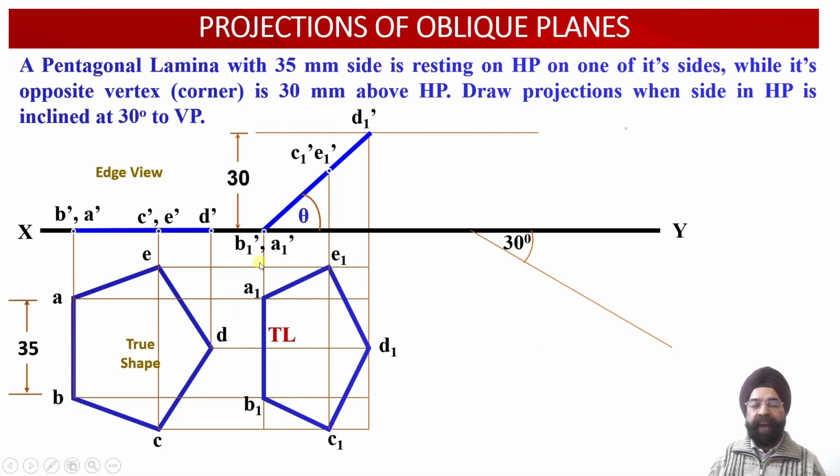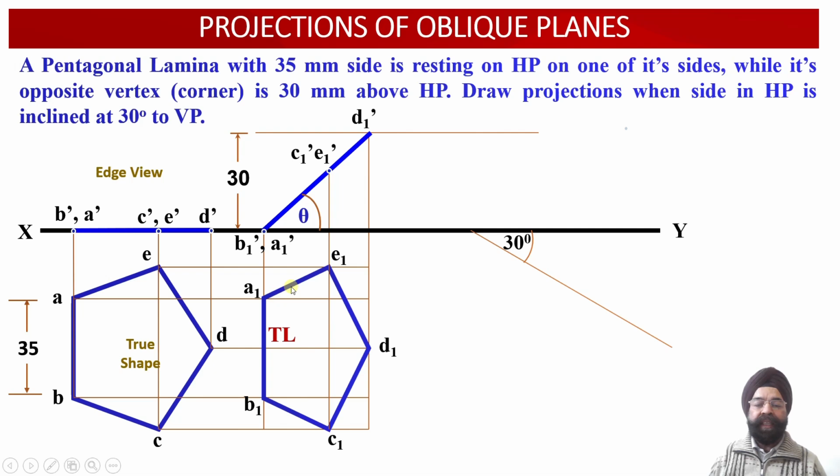And now we have to transfer this entire plan projection view corresponding to this pentagonal lamina in such a way that this figure will be reoriented at an angle of 30 degrees with respect to the vertical plane, with this true length A1 B1 located alongside this orientation line which is drawn at an angle of 30 degrees. So how can we obtain this rotation?